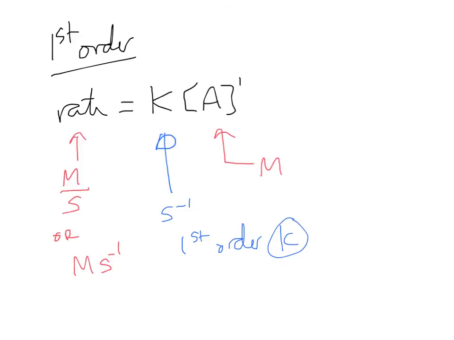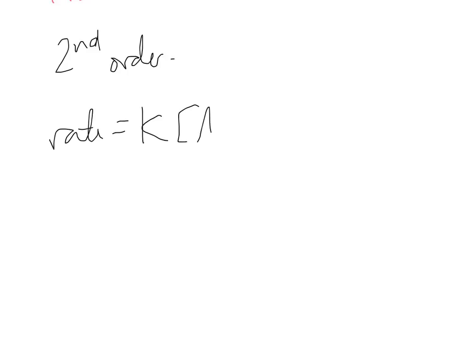Okay, now what happens if you're second order? If you're second order, then that means that we've got a rate law that looks like k times A squared. And so now, of course, the units are going to be different. Your rate, change in concentration over change in time, has units of molarity per second. Now, if it's second order, your concentration term is going to be molarity squared.